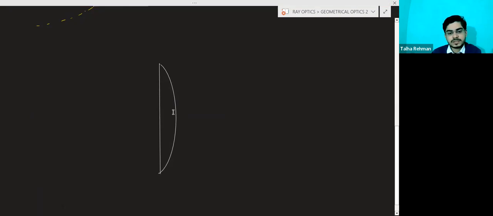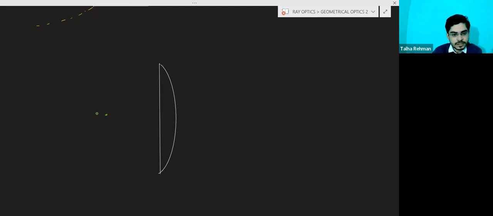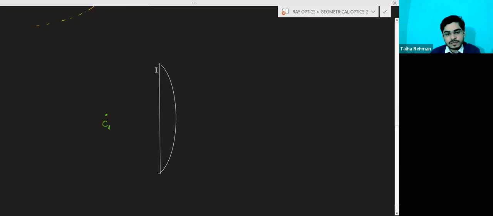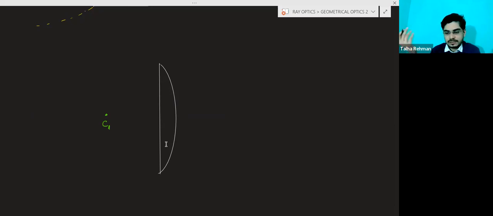For this spherical surface, there will be a center. Suppose here is the center, C1. Now what will be the center for the plane surface? There will be no center for the plane surface. A plane surface is a plane surface. There will be no center for it.